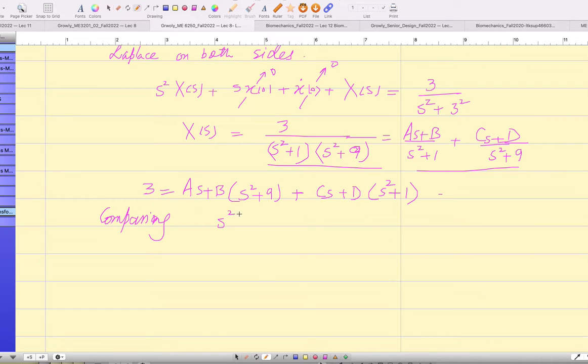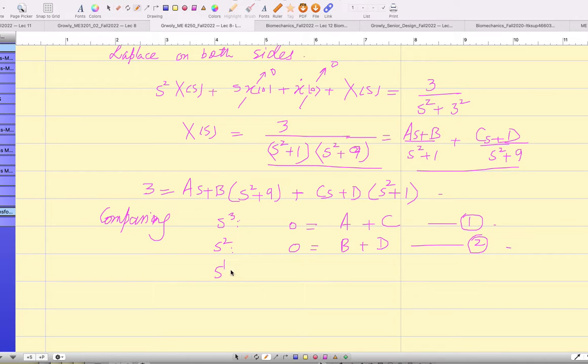Start from s cubed. On the left hand side the coefficient for s cubed is 0, and on the right hand side it is A plus C, agreed. This is equation number 1. For s squared, 0 on the left, this is B plus D, agreed.